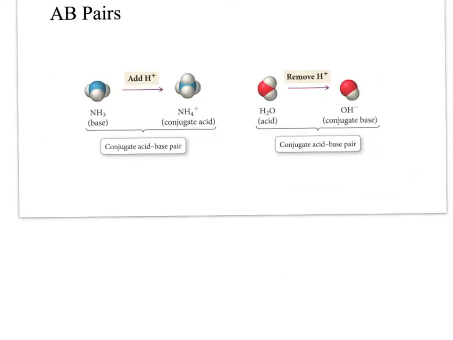We need to add to our acid-base definitions and look at the term conjugate. Right, so a base reacts with hydronium. The Bronsted-Lowry definition of a base is a hydronium acceptor.